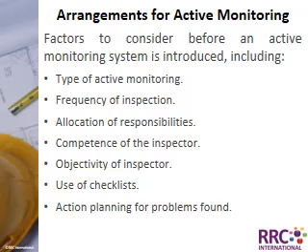So there must be a clear identification of the corrective action required, the person responsible for taking that action, and priorities and timescales. The active monitoring system can be documented and formalized as a procedure once all these factors have been agreed upon.